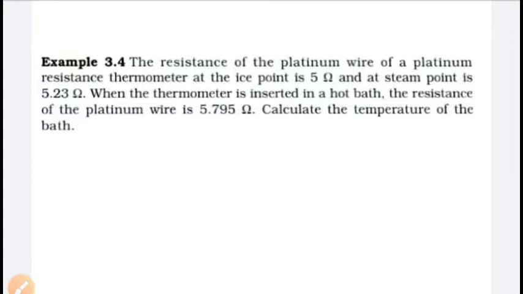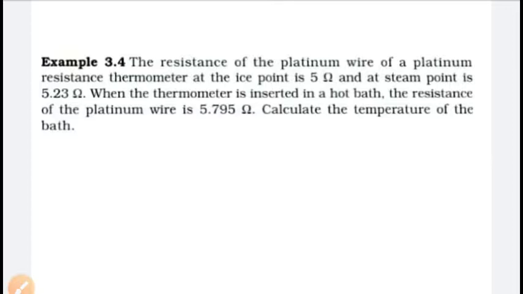So, at first sight itself, it is very clear that the question is about the temperature dependence of the resistance. The resistance of the platinum wire is given at two different temperatures. At the ice point, the resistance is 5 ohm.